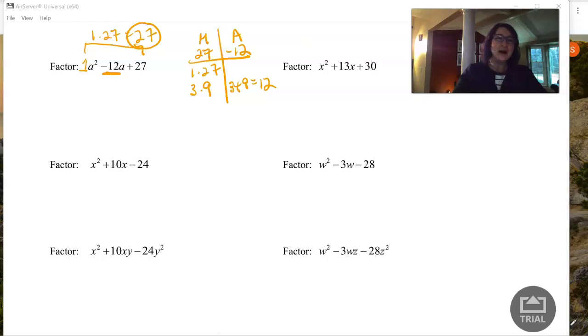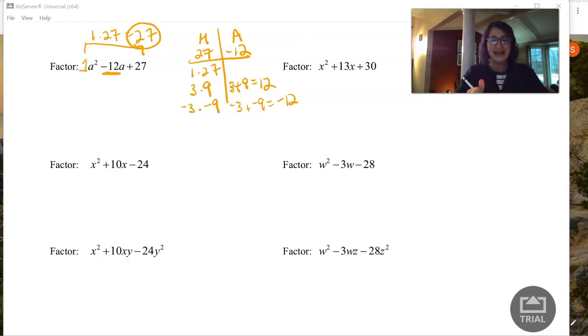But I don't need a positive 12. I need a negative 12. So what if I go ahead and make both of those factors negative? A negative times a negative will still get me that positive 27. And if I add them together, then I am going to get my negative 12.